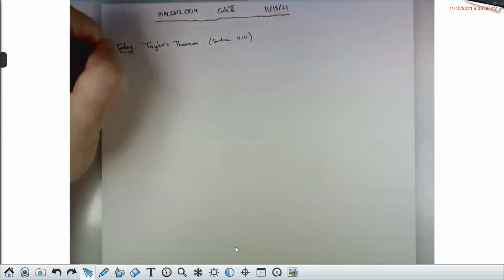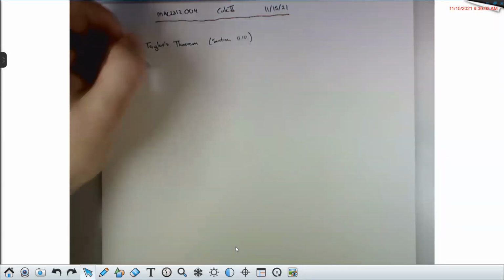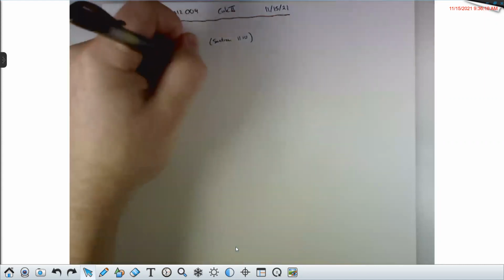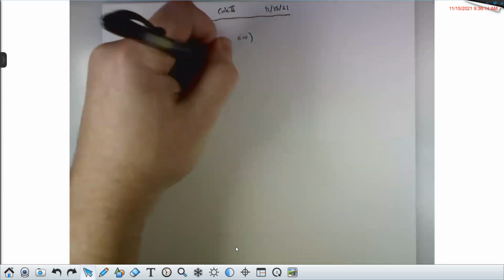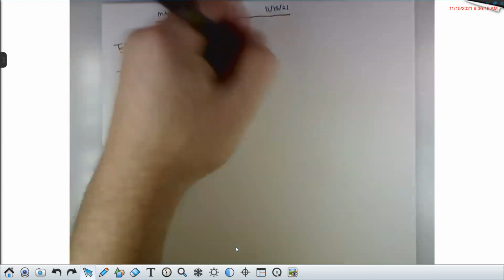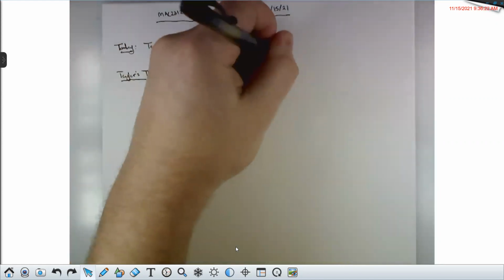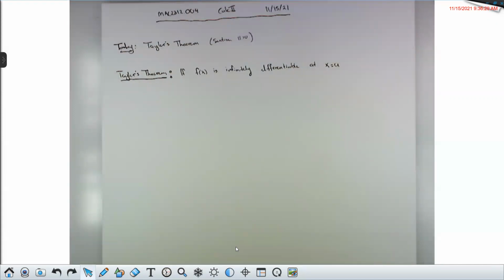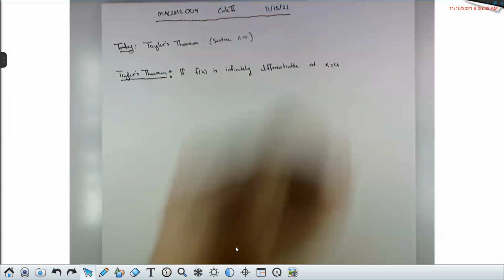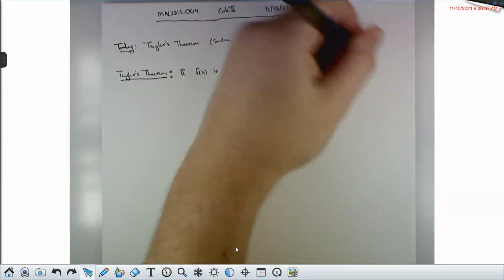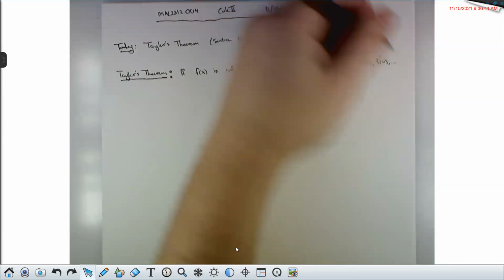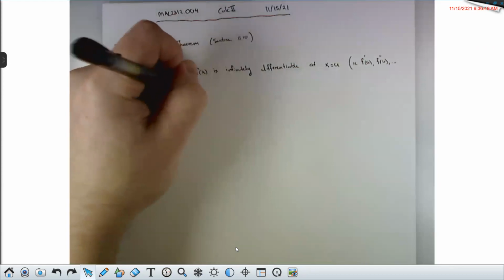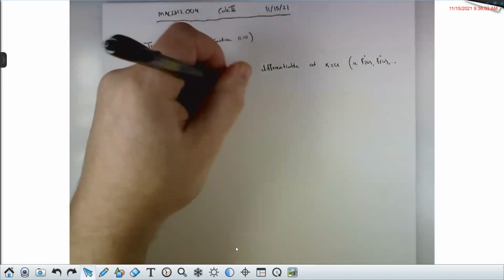Okay. So Taylor's theorem says: if f, say f of x, is infinitely differentiable at x equals a, which means f prime of a exists, f double prime of a exists, f triple prime of a exists, i.e. f prime of a, f double prime of a, and so on, all exist, then f can be written as a power series.